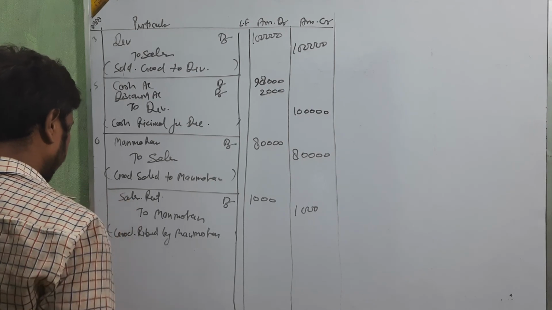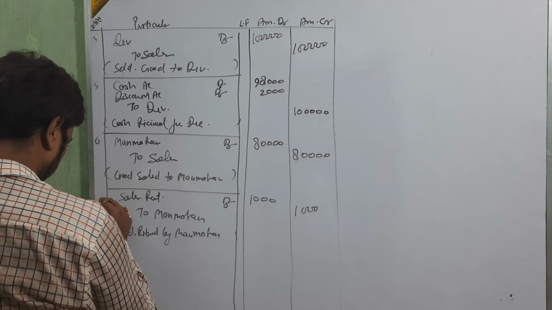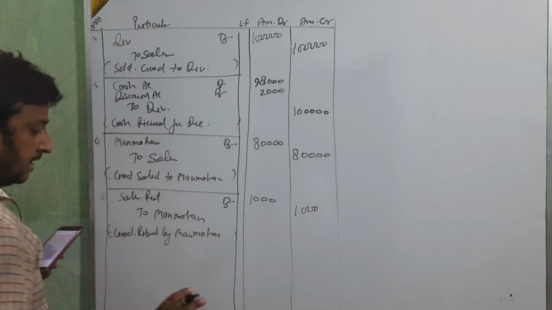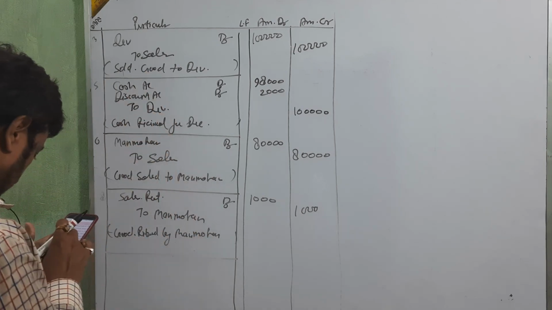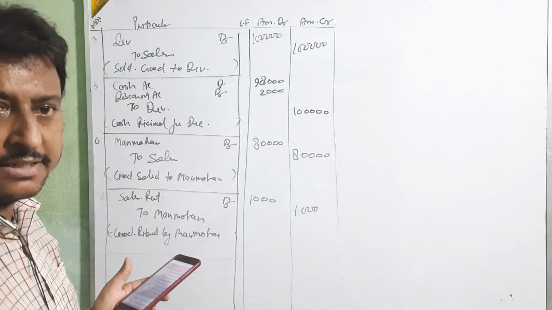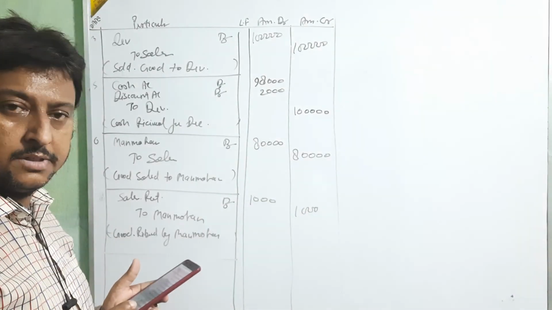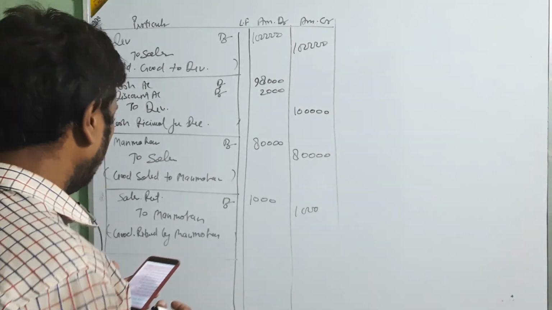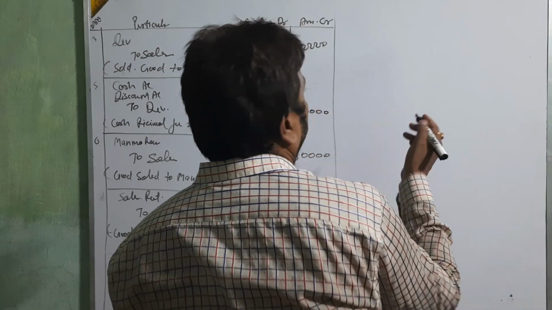The date is 8. Okay? Up to this is clear? Clear beta? Up to this is clear or not? Now I am going for the next, and next is date 15.